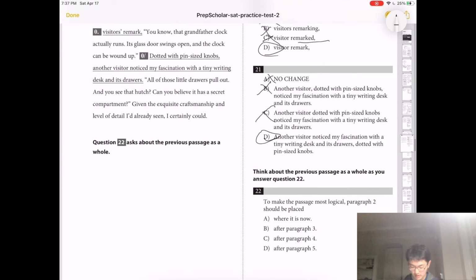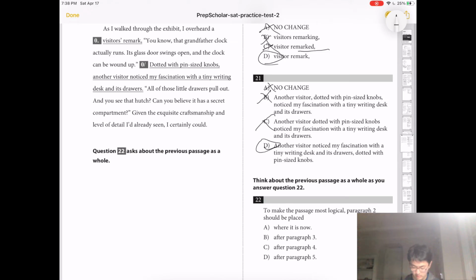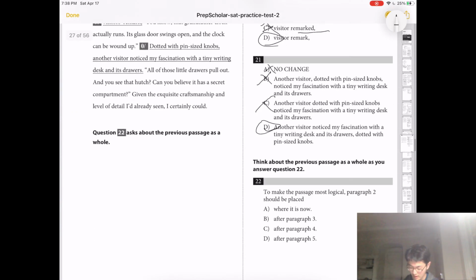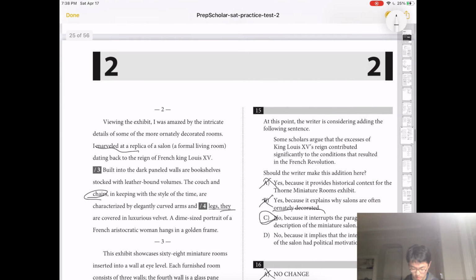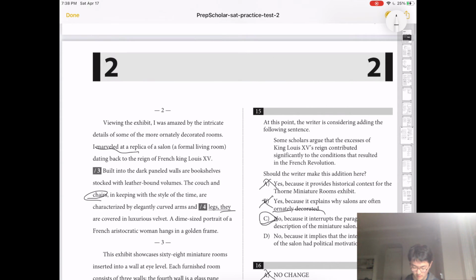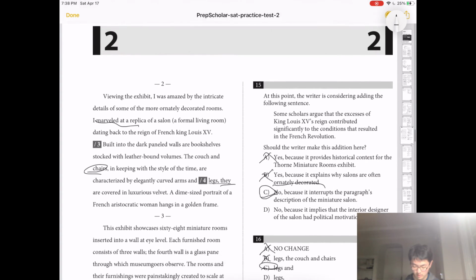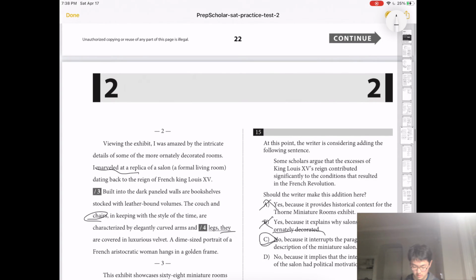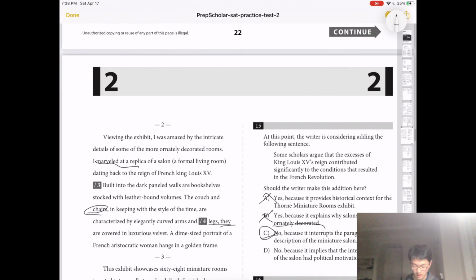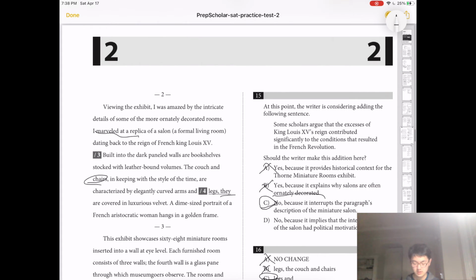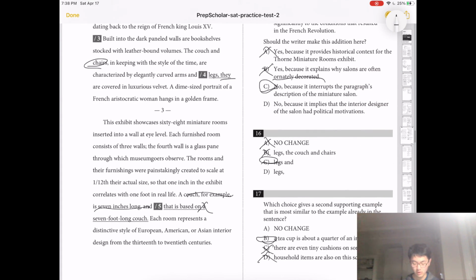To make the passage more logical, paragraph 2 should be placed now, after 3, 4, or 5. Paragraph 2 was the author describing the exhibit. Where it is now, this is kind of awkward because it talks about the salons before even talking about what the exhibit is.